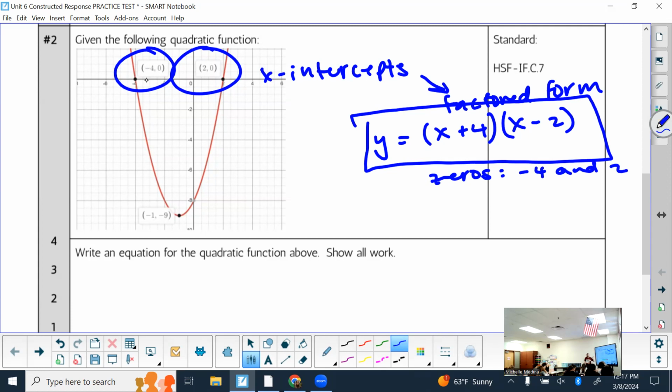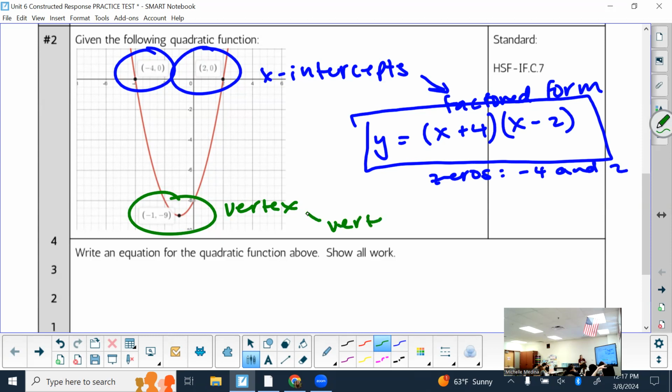Okay, so that's one way, but that was kind of a struggle even then. So what else do they show you on your graph? They show me my vertex. So if that form wasn't clicking for you, if they give you your vertex, then what form can you use? The vertex form.